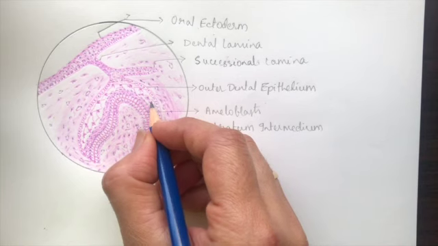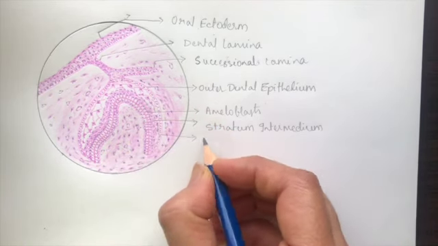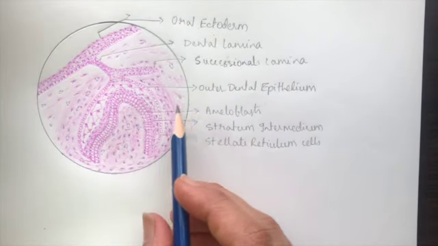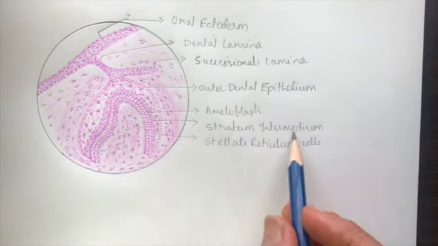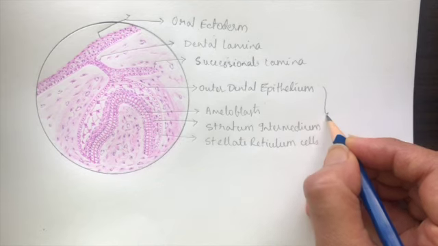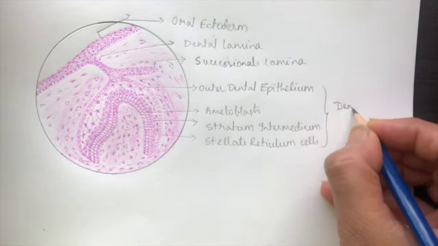Next we have this layer of cells called as the stellate reticulum cells. So we have this outer dental epithelial cells, the ameloblasts, stratum intermedium and stellate reticulum cells. Together they form the dental organ, previously known as enamel organ.